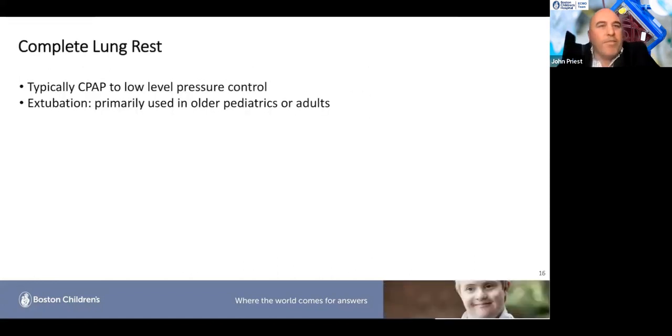Going to different options of lung rest. So you have a complete lung rest. This is going to be typically CPAP or low-level pressure control, or possibly extubation. And extubation is primarily used in older pediatrics or adults, more often adults than pediatrics. But if we just focus on the neonatal and pediatric group, these pediatrics are the ones that are going towards lung transplant.